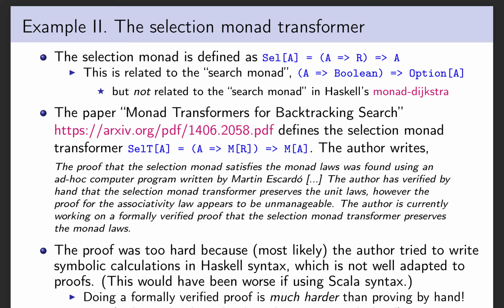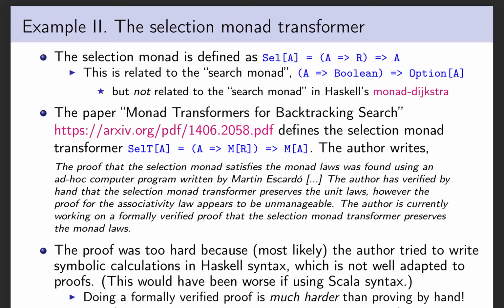The proof that the selection monad satisfies the law was found using a computer program. The author verified that the transformer preserves the unit laws. Well, those are the easy ones. Yeah? But the proof of the associativity law appears to be unmanageable.